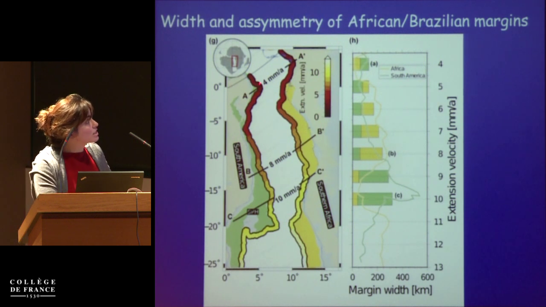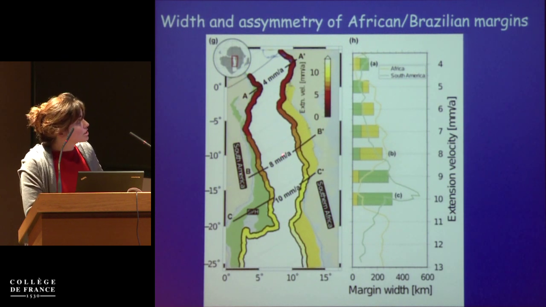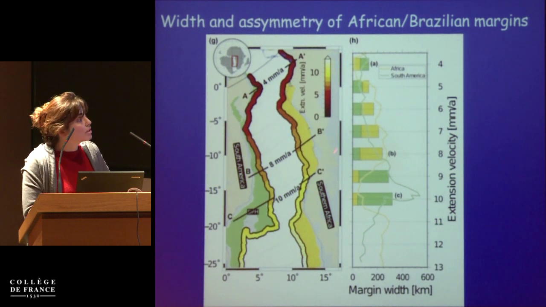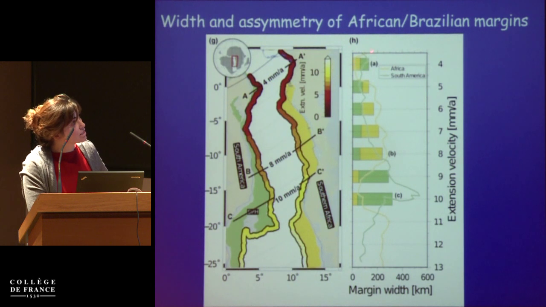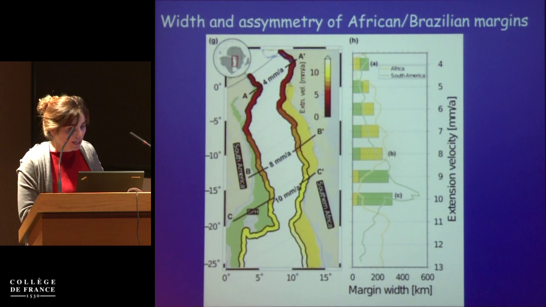So if we use these linear velocities deduced from kinematics and model them, we find these widths of the margins, represented here by yellow blocks for the African margin and the green block for the South American one, and they reproduce quite well the width of these two margins deduced from the data, which are also shown here in green and yellow lines.